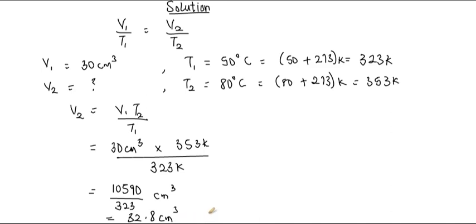So this is not the final answer yet, because we are being asked to calculate the fractional increase in volume. To know the fractional increase in volume, we need to know the increase in volume itself, and the increase in volume will be the difference between the initial volume of the gas and the final volume of the gas.